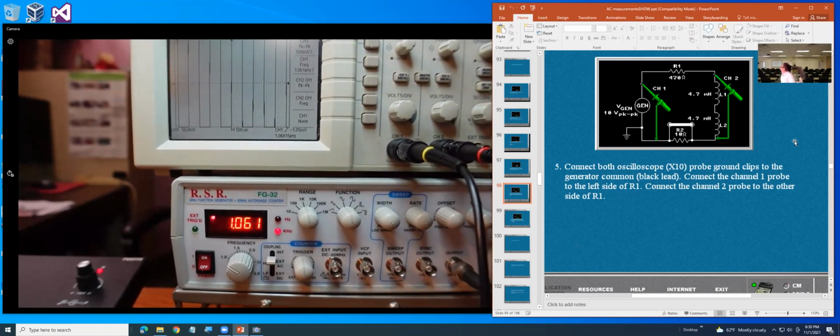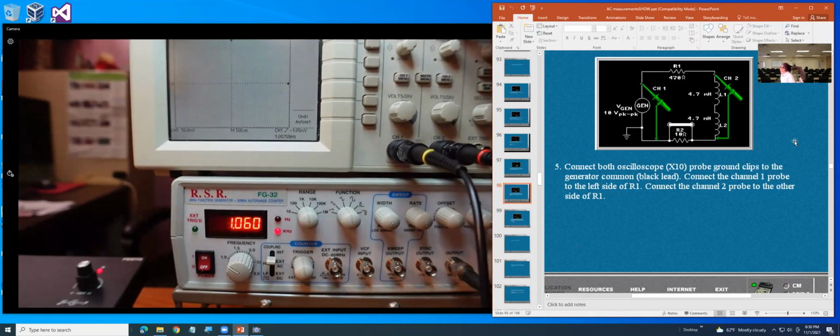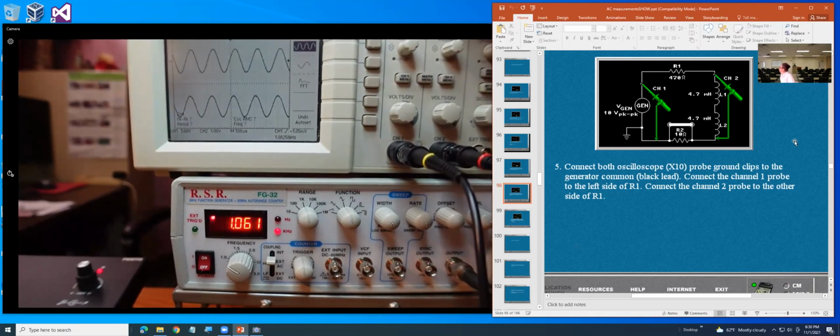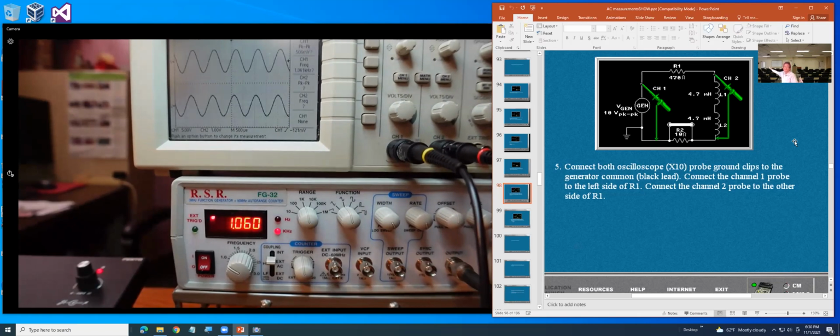Okay, I pressed auto set measure, so that's why you can see two signals, one in channel 1 and one in channel 2.